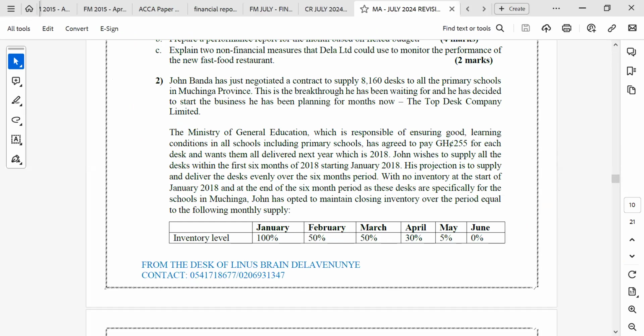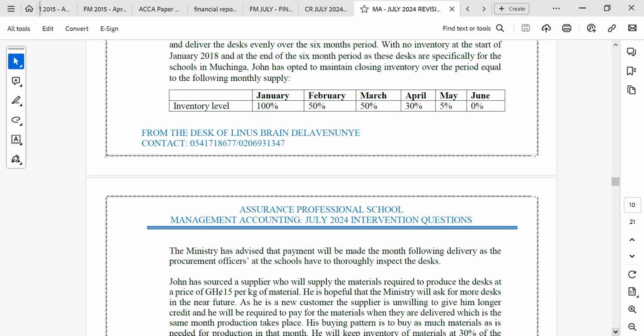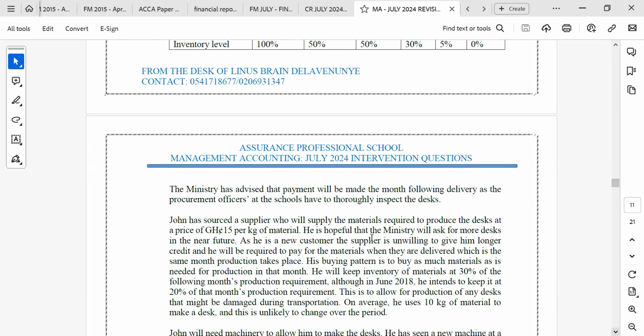So what are we going to be having from purchases? What are they saying from the purchases? Okay, John has sourced a supplier who will supply the material required to produce the desks at a price of 15 cedis per kilogram of material. He is hopeful that the ministry will ask for more desks in the near future, as he's a new customer.